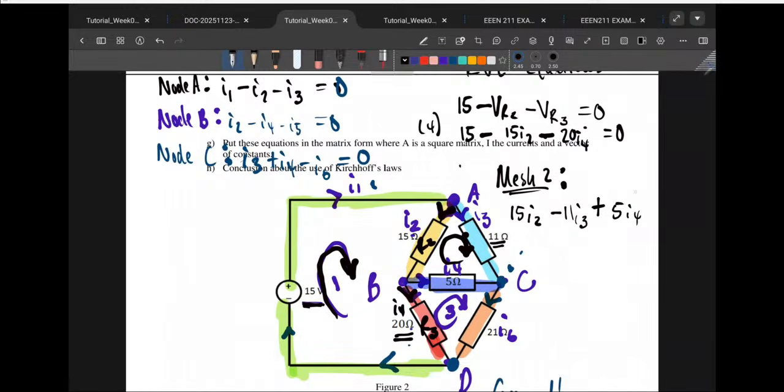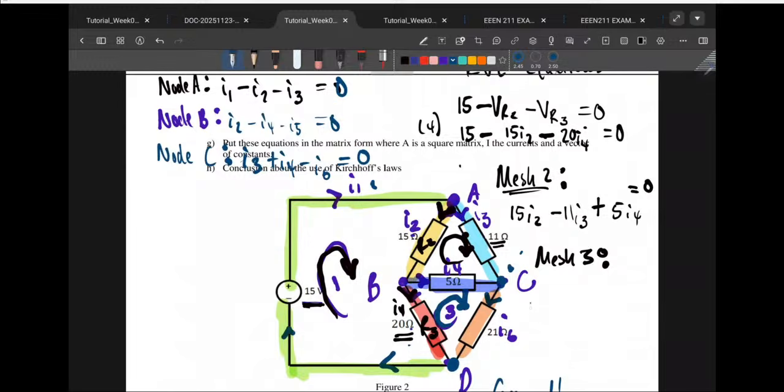One more, which is equation number 6. That's mesh 3. If we go like this, you can see we meet that branch current I4, which is opposite to us, so it's going to be positive.